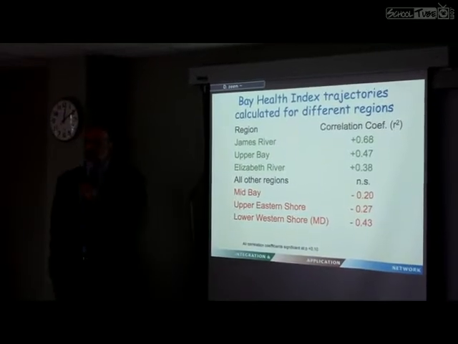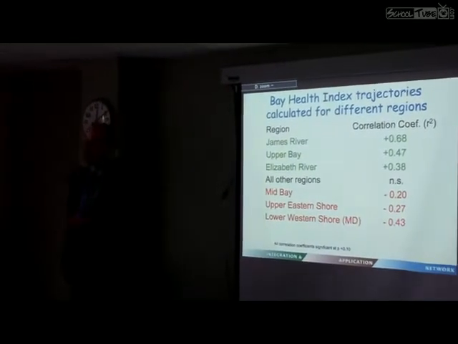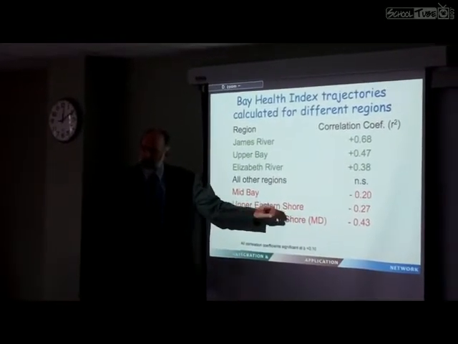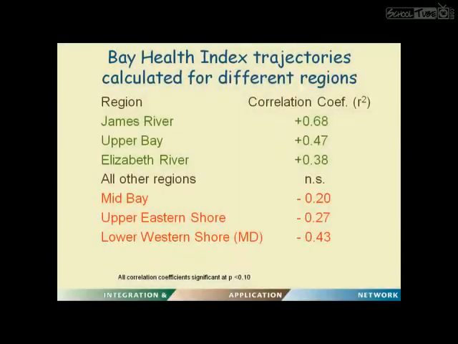And we had statistically significant negative trajectories for the Mid-Bay, the Upper Eastern Shore, which I highlighted earlier, and the Lower Western Shore of Maryland, the Severn, the South, the West Rhode, and the Magothy, with quite high correlation coefficients as well.